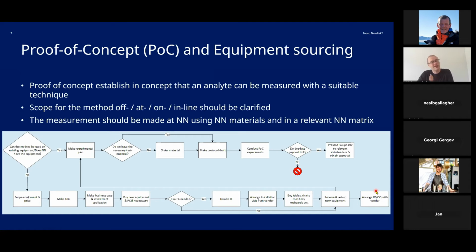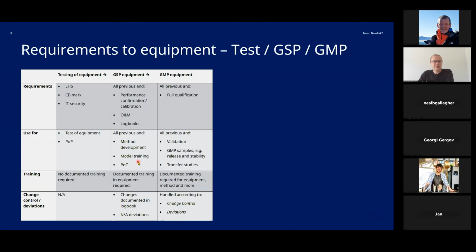So if we're not doing that in the POP phase, we will need to address it in the POC phase, because we would actually like to base our decisions on measurements that we can trust. So we need some sort of performance confirmation and calibration on the instrument.